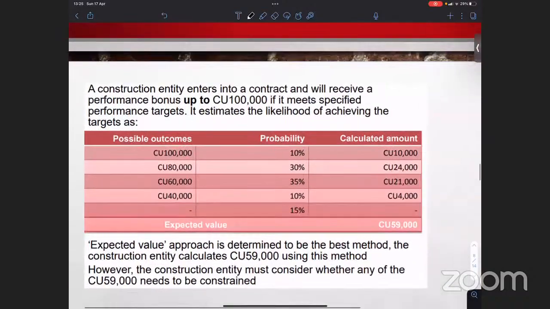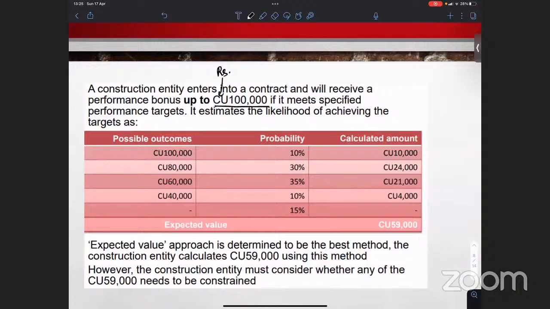And sometimes when they give you multiple probabilities, how do you do this? Read this, guys. A construction entity enters into a contract and will receive a performance bonus up to 100,000 CU. CU is current units, guys. You can just replace this with rupees.